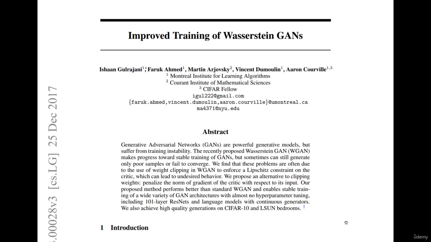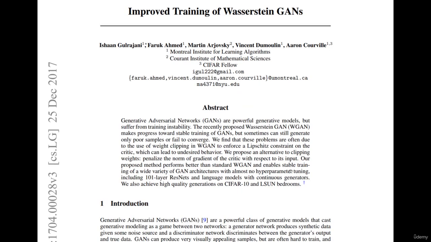After looking at the Wasserstein GAN, let's look at this paper, which comes with an improved training technique. This paper is by Ishaan Gulrajani, Faruk Ahmed, Martin Arjovsky, Vincent Dumoulin, and Aaron Courville. GANs are powerful generative models, but suffer from training instability.